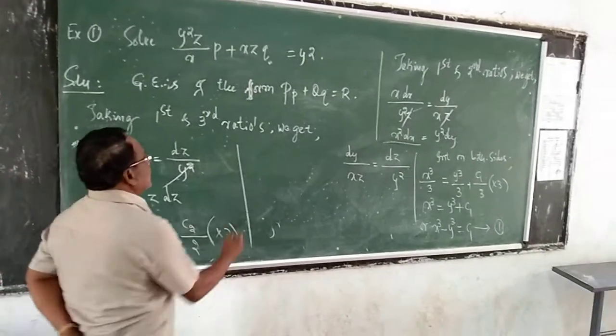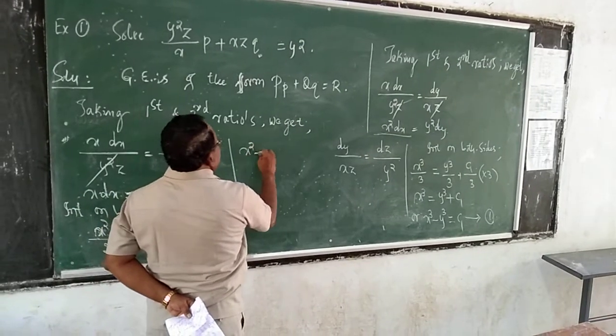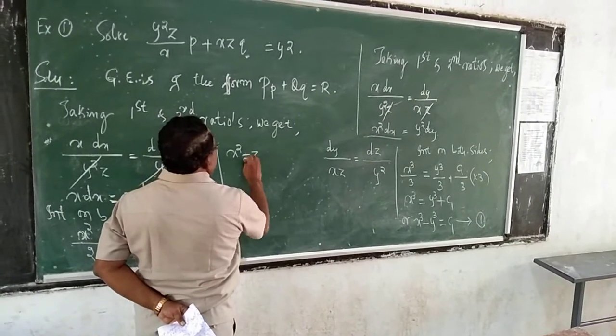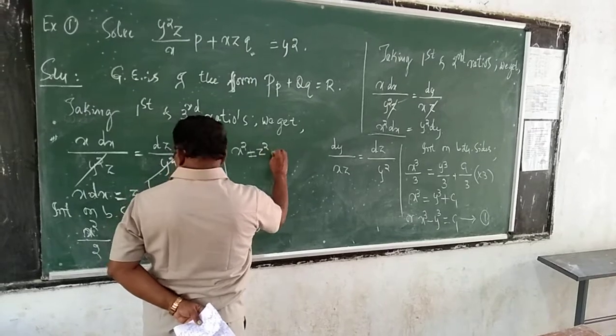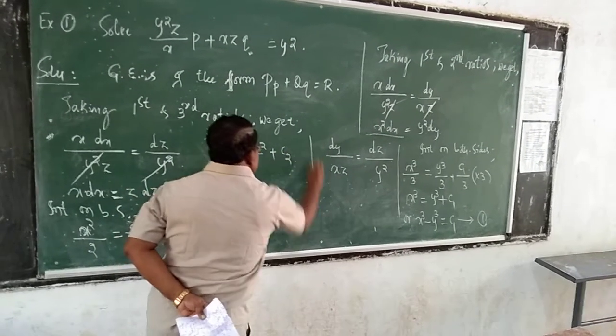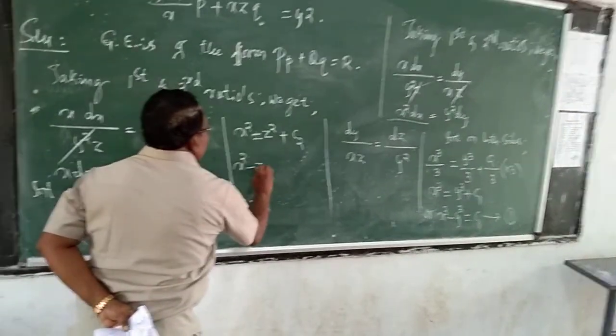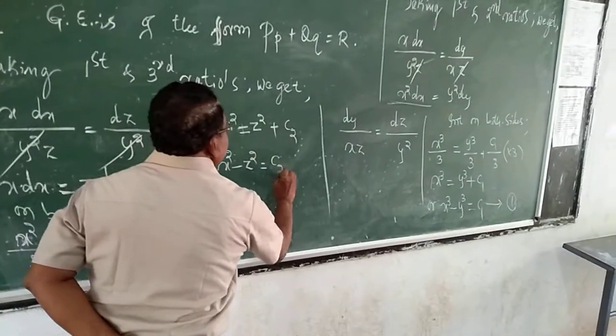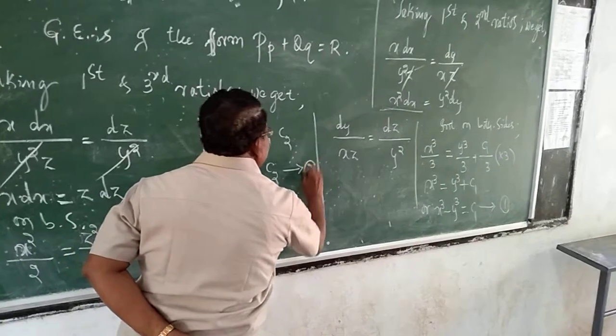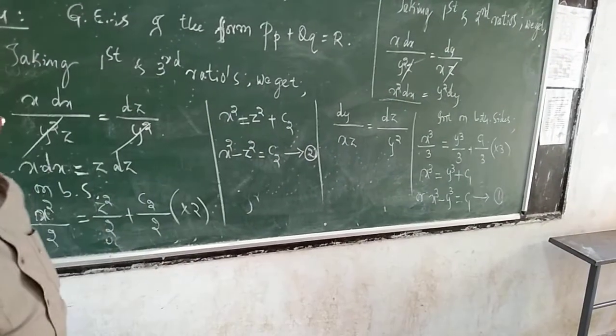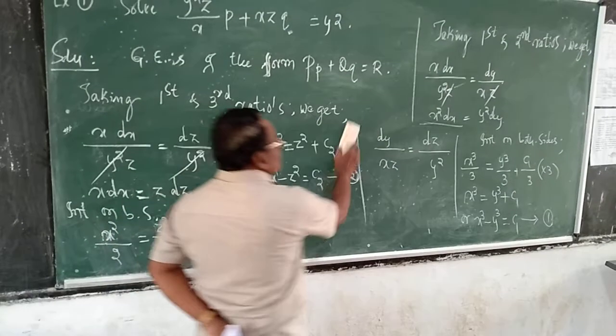We get x squared is equal to z squared plus c2, or you can write x squared minus z squared is equal to c2. Found this as the second independent solution.